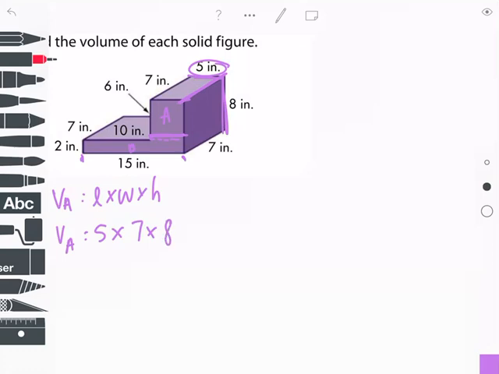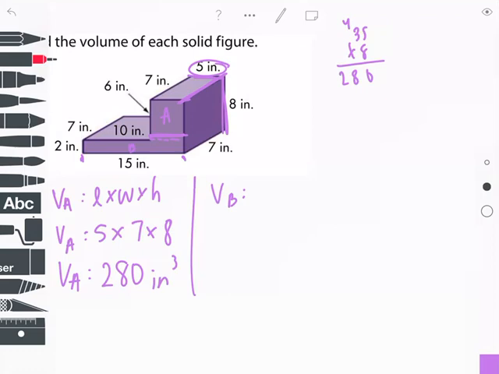So 5 times 7 is 35 times 8. 35 times 8 is 40, 24 plus 4 is 28. So for volume A, we would get 280 inches cubed. Now let's do volume B. For volume B, length times width times height.